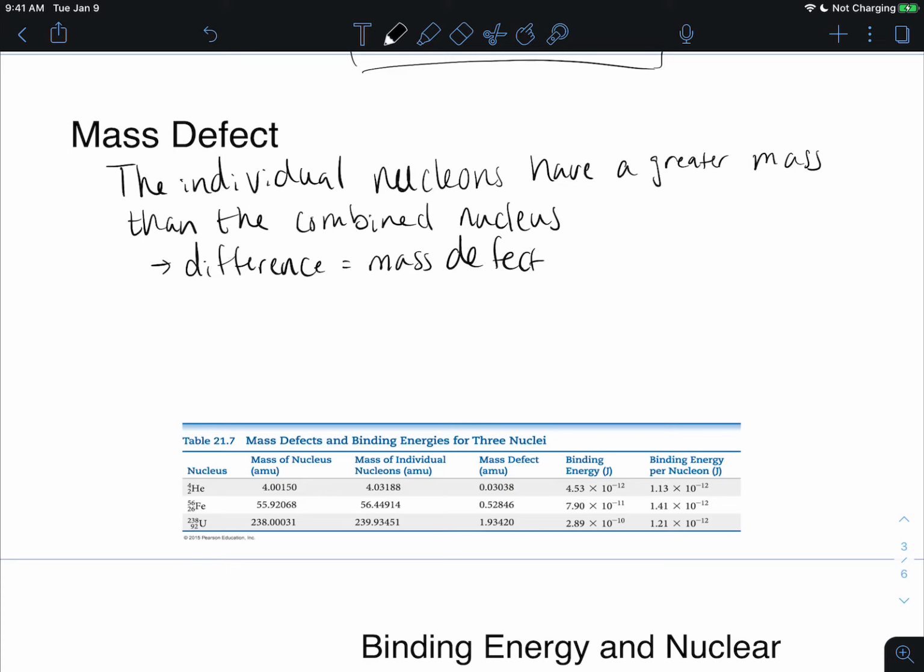And we could actually solve through this. We could go through and solve for our number of protons, number of neutrons, and then compare it to our mass of our nuclei. And the thing that's holding everything together is called the nuclear binding energy.